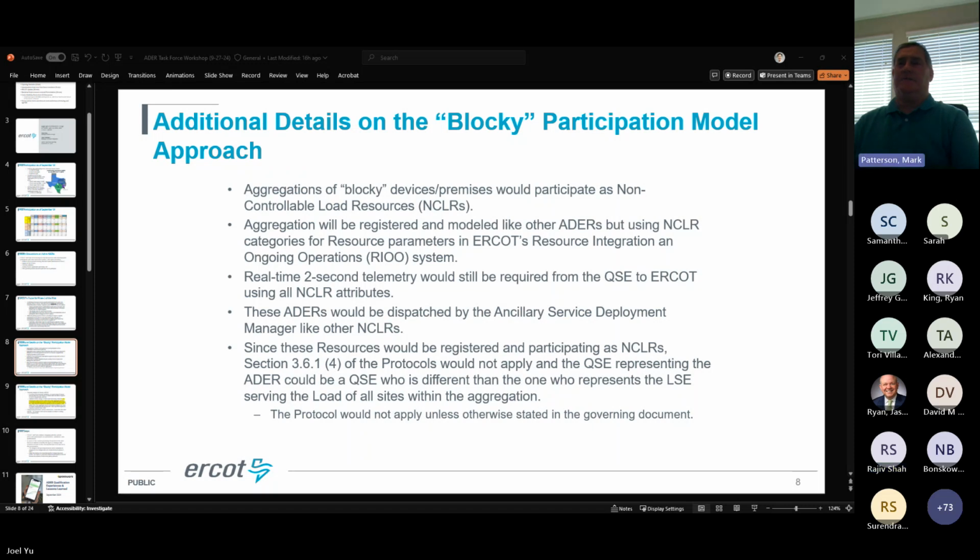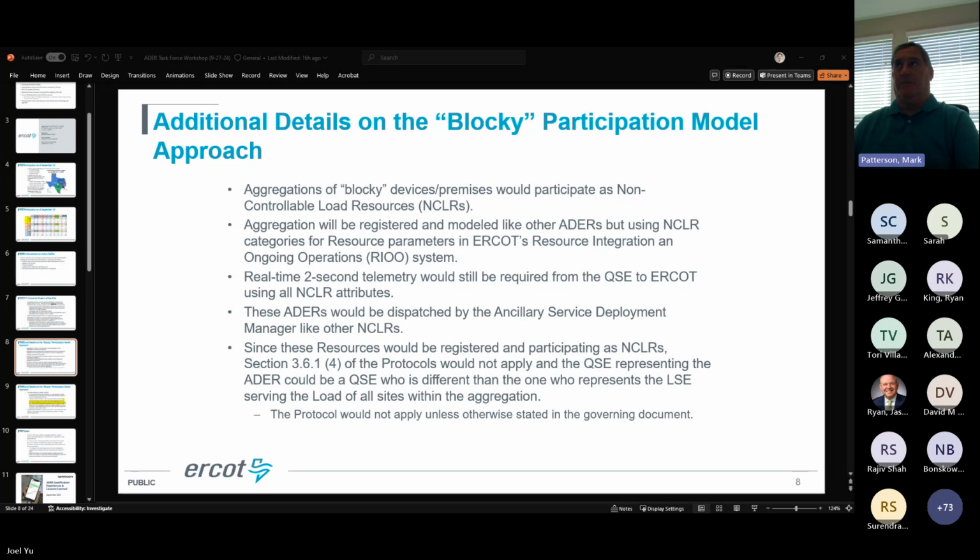Well, my comment to all of these concerns would be, I think what we're stating is Protocol 361 paragraph 4 was very clear that it applied to controllable load resources where a bid to buy was in place.